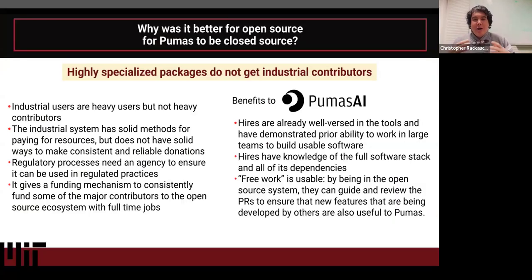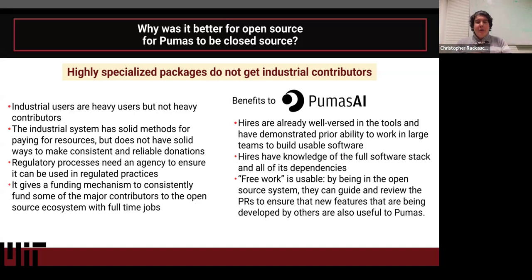What we get with Pumas is that the industrial users, because of certain policies within their company, we tried to make it open source at first for a bit, but for many reasons they couldn't contribute. Regulatory processes, they say, oh, we can't use the open source software because we have this regulatory concern and we need a company that backs it in order to figure that out.